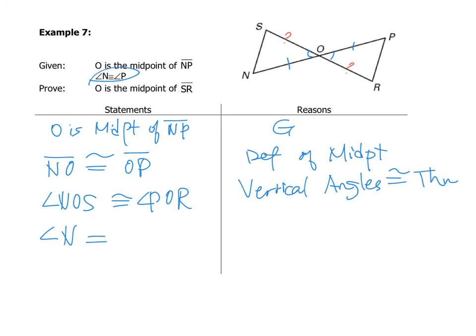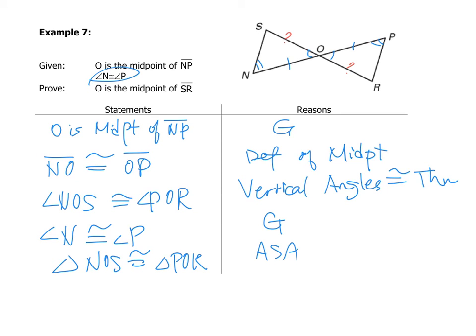That's all I can see right now, but thank goodness what's also given is here. Angle N and angle P are congruent, and that's given again. So now I think we've got everything we need, because if these two angles are congruent, notice that we've got two angles sandwiching a side. So we have an ASA situation. So by ASA, we can prove that triangle NOS is congruent to triangle POR.